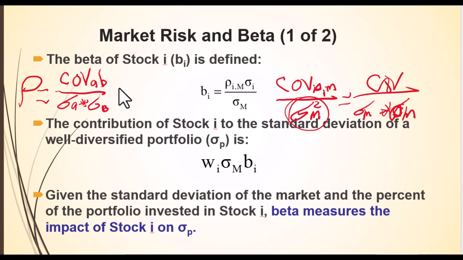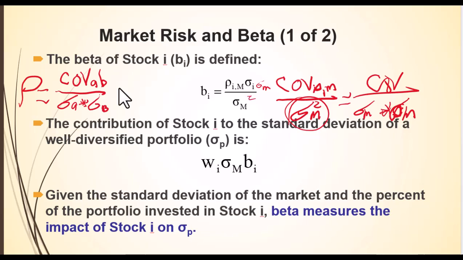And now this is just a simplified formula here. In the covariance, we would have to add standard deviation of M right there. So then this is M squared, right? So these would divide out.